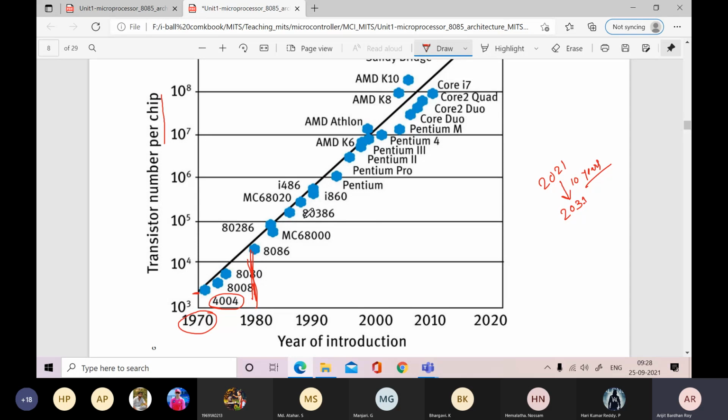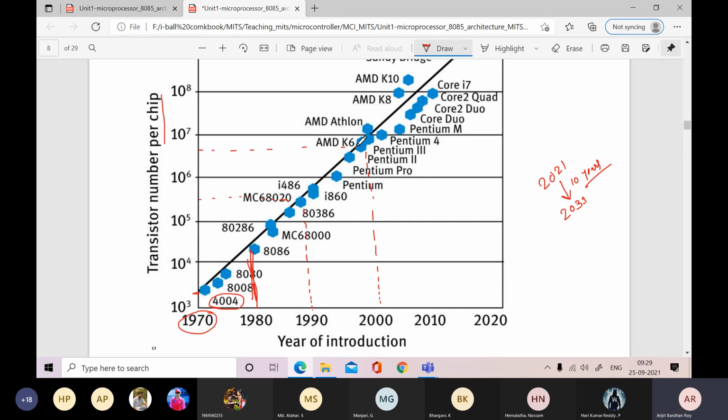After that, 1990, not next year, I mean after 10 years, it is 10 to the power 5. After that, in 2000, it will be 10 to the power 6, like that.